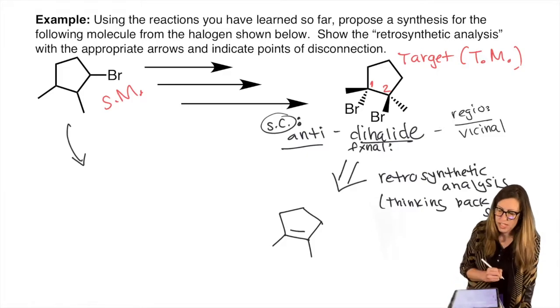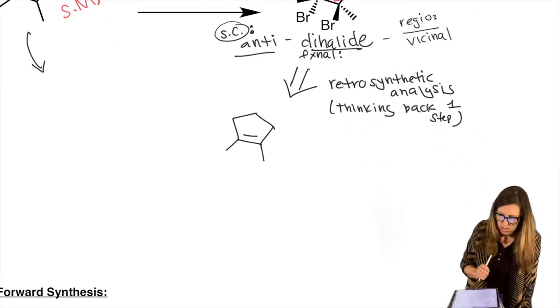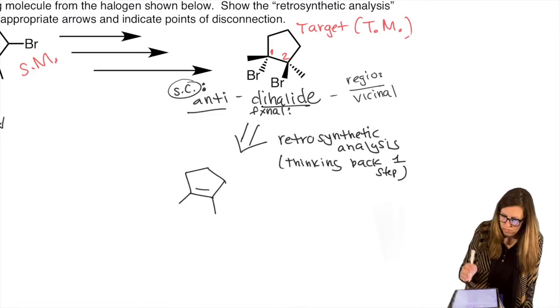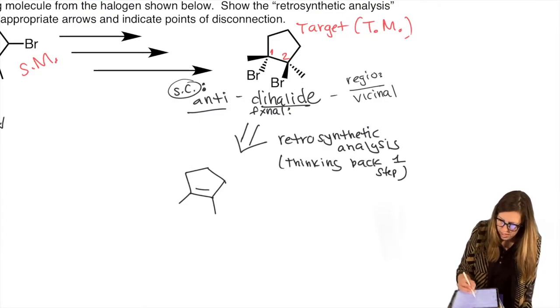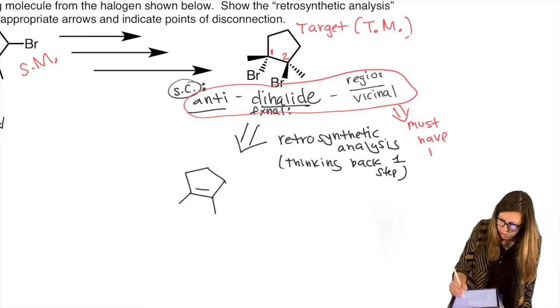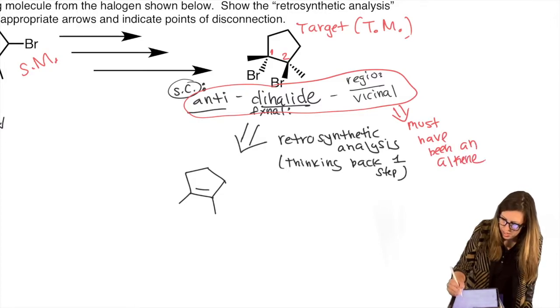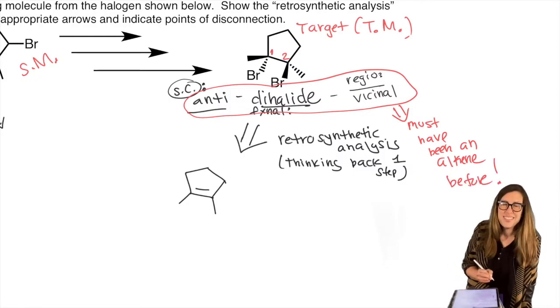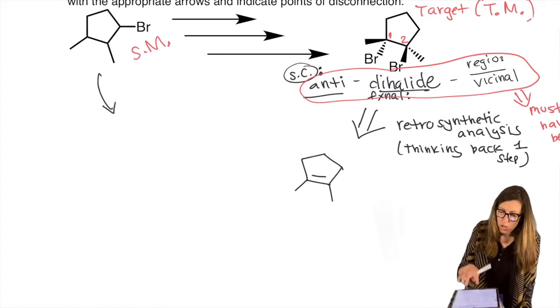That had to be an alkene, right? So I'm going to write that here. Anti-vicinal dihalide must have been an alkene before, right?